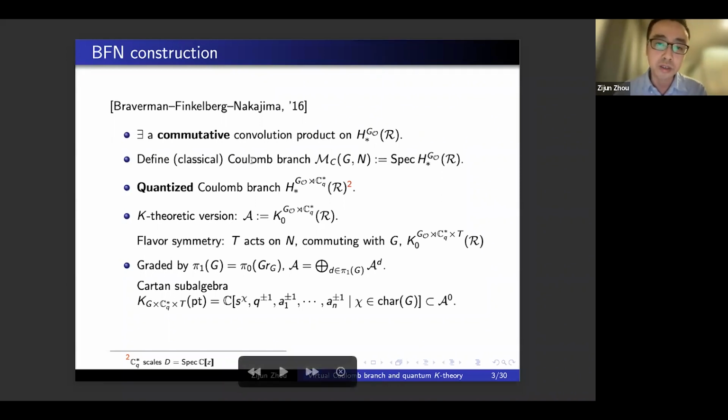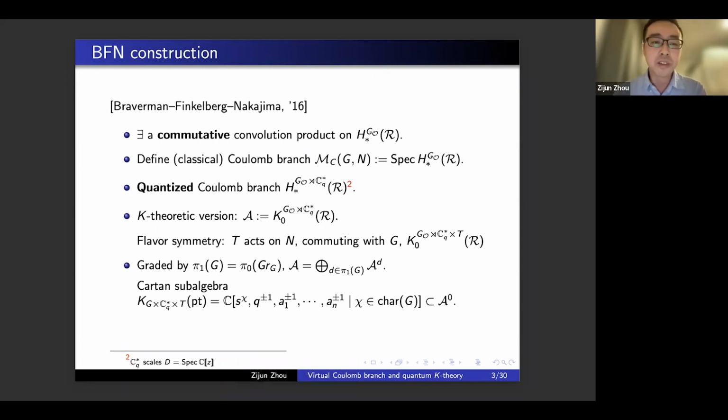And then they define the Coulomb branch to be the spectrum of this convolution algebra. And they also proved some properties of this Coulomb branch. For example, it's normal and irreducible, and it serves as the correct objects, which is predicted by physicists.